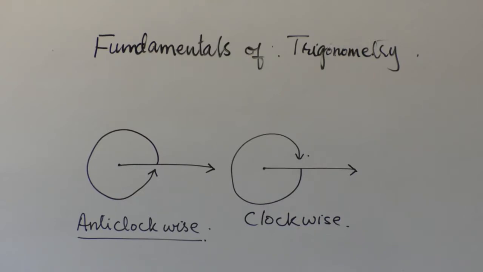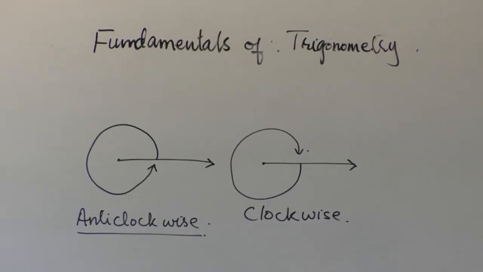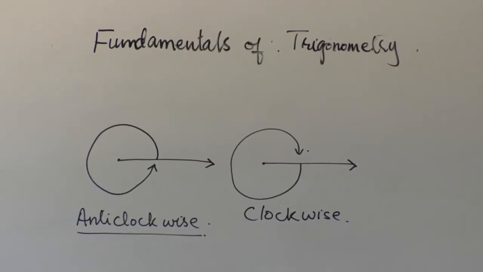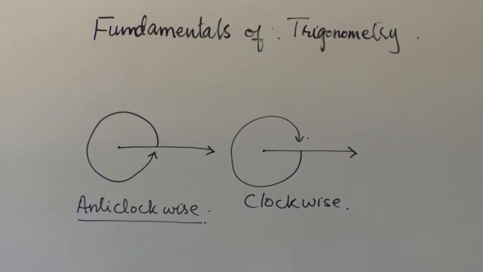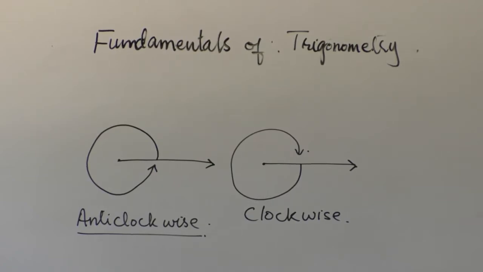Now, an angle is said to be positive or negative if the rotation is anti-clockwise or clockwise. Angles are usually denoted by Greek letters such as alpha, beta, gamma, theta, etc. So if formation is anti-clockwise, it will be positive, and when the rotation is clockwise, then it will be negative.